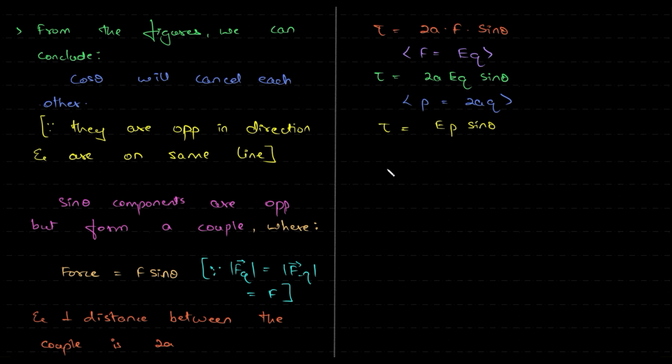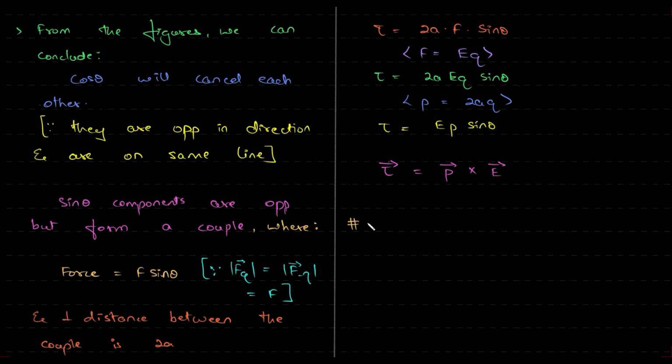But torque is a vector quantity, remember? So finally, I can express it as a cross product between dipole moment and the uniform electric field strength E. Right? So that's your expression. A dipole in a uniform electric field will experience a torque.